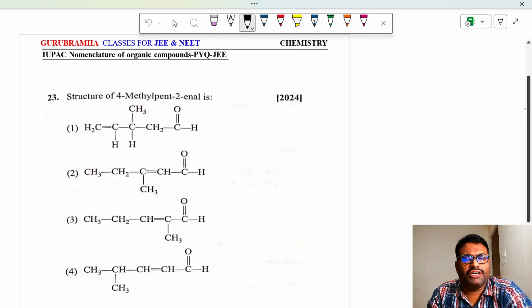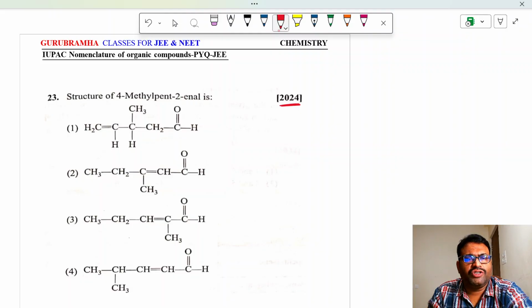If you look into this question, it is asked 2024 JEE Mains. Structure of 4-methyl pent 2 en 1 al. Now you are finding a functional group which contains carbon. When there is a functional group which contains carbon, you have to number from that carbon. 1, 2, 3, 4, 5. Then what will be the name of this compound?